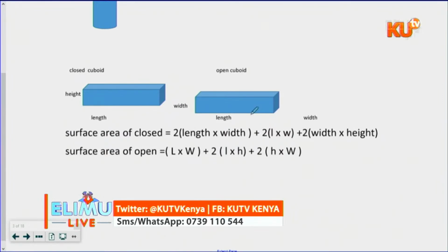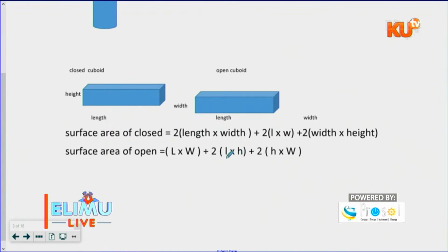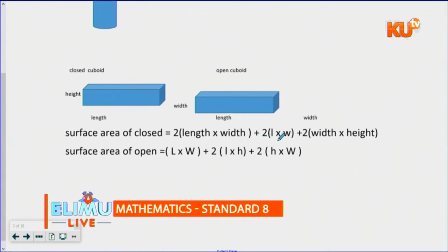Right, we come to the next face, which is length times height. So length times height, we have this face and the other face this side. So how many faces are there? They are 2 faces. Therefore, we'll say 2 into length times height.